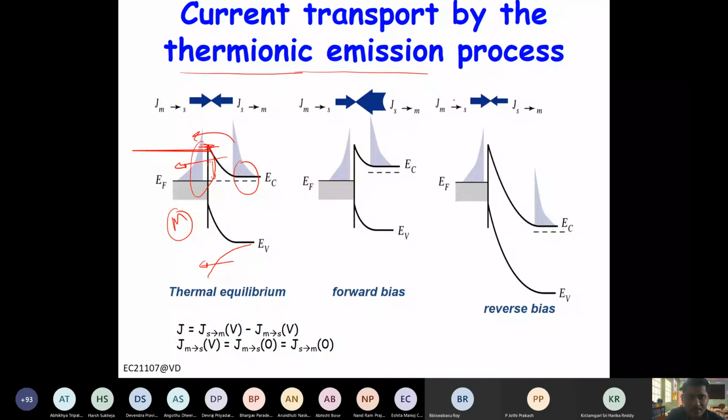So we will derive the equation for thermionic emission current, which is typically the IV characteristic of a metal semiconductor junction. To derive it, we are calculating one component, the current flow due to carriers from semiconductor to metal.